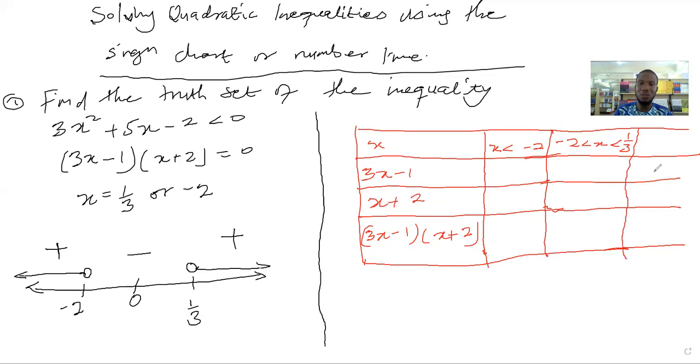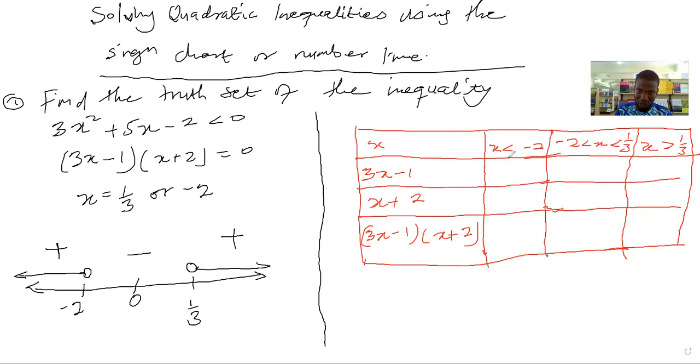Then we have the last region, which is all numbers greater than 1/3. So x greater than 1/3. Good.